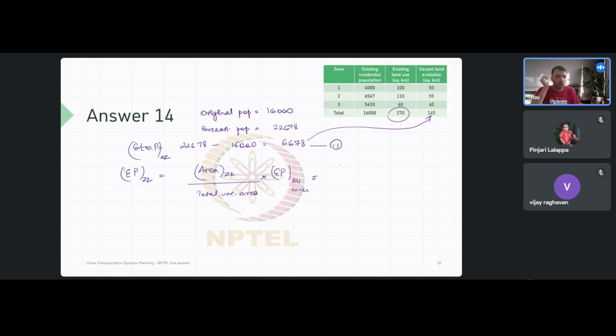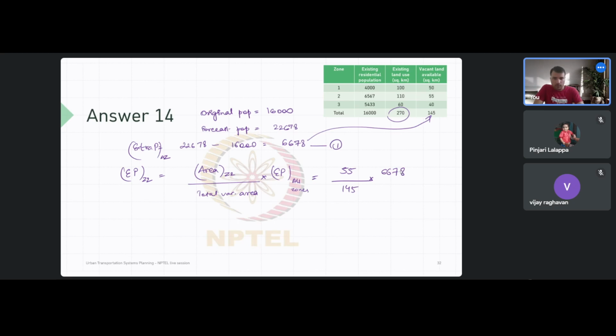So area of zone 2, that is the vacant area we are talking about. So that is 55. Total vacant area 145. How much is the extra population? So 6678. Check it again.